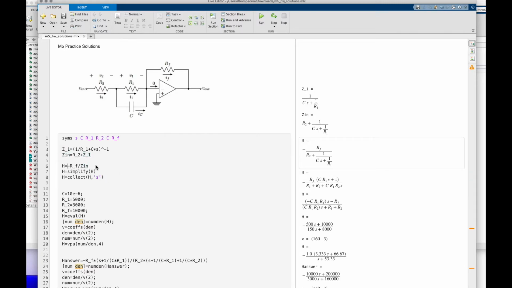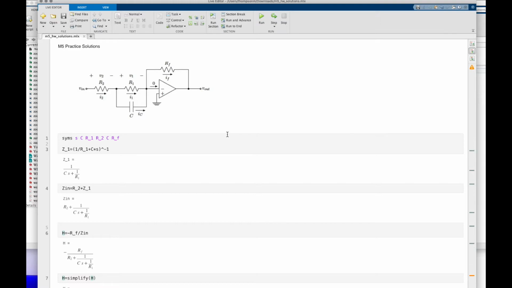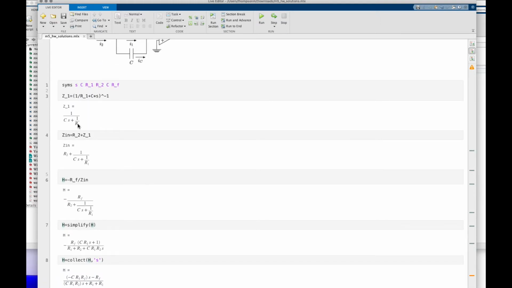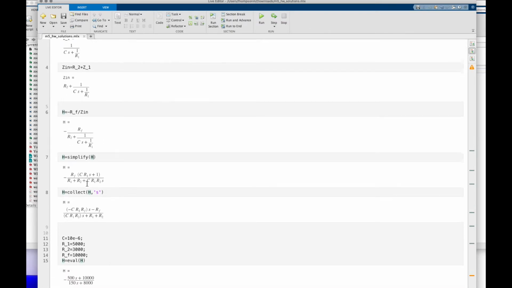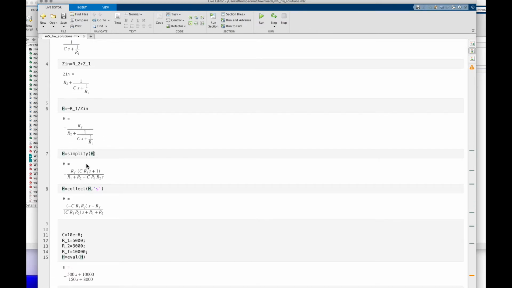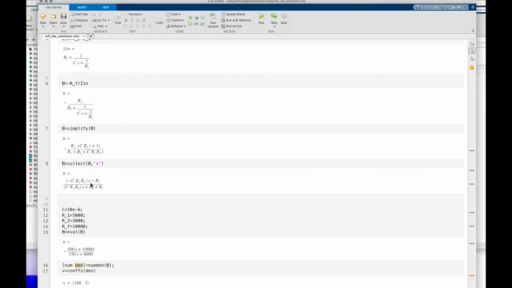The gain formula for an op amp is minus RF over Zn, but now Zn is a function of S. So we plug that in, and let me change the format here to put it in line. We have the Z1 impedance and the Z input impedance, and when we add that in and take minus RF over Zn, that's the transfer function. We simplify that with the simplify command, and then you collect everything as powers of S, and you get this transfer function.